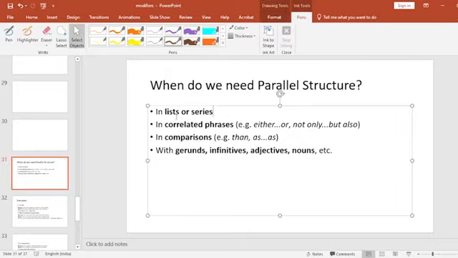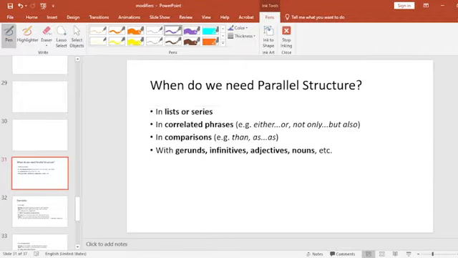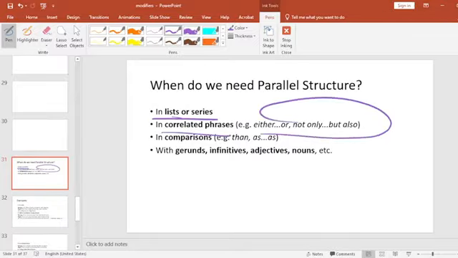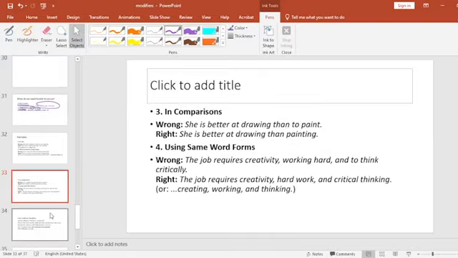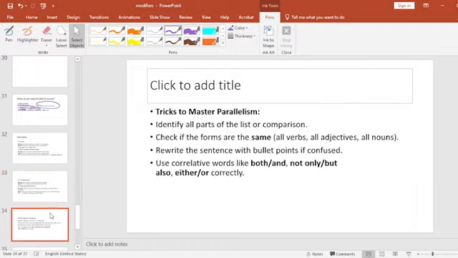One is during a list, in a list or series or correlated phrases like either or, neither nor, and during comparisons, like when you have seen words like than and as. For example, in a list: she likes singing, or just verbs like dance, read and sing.